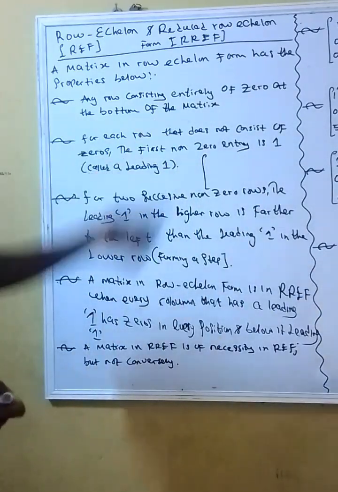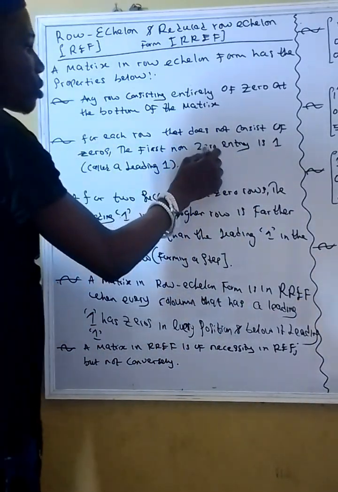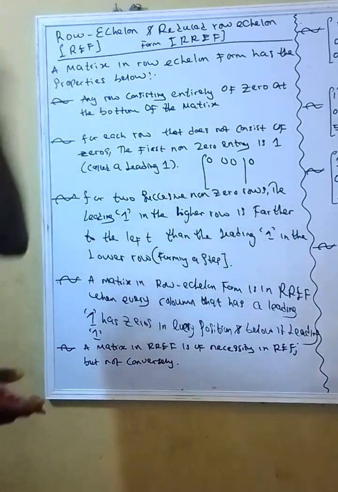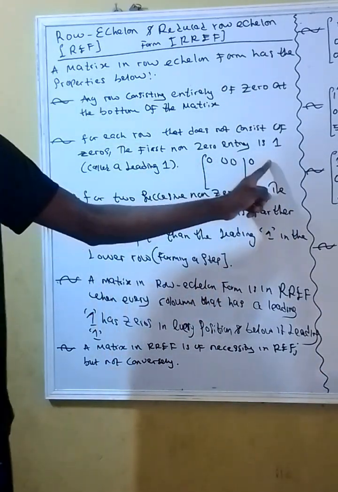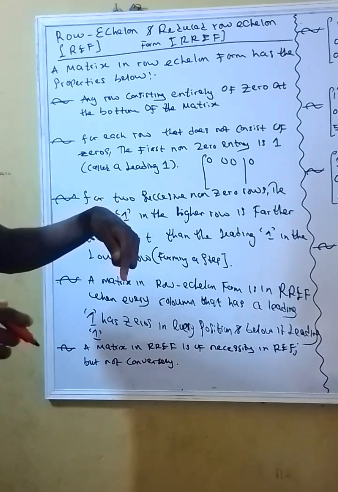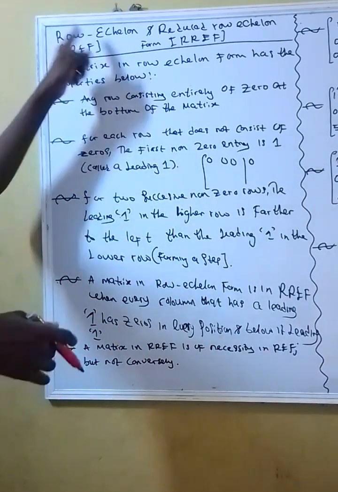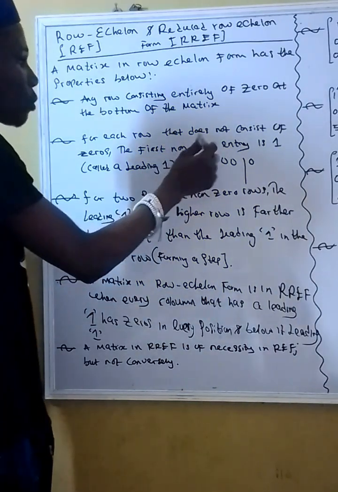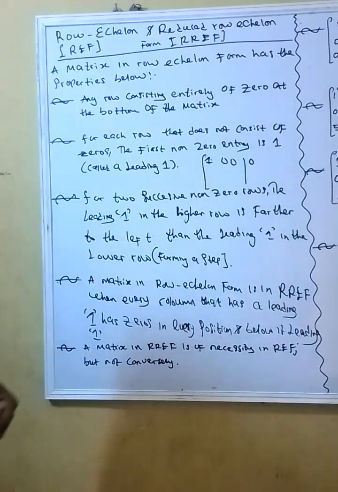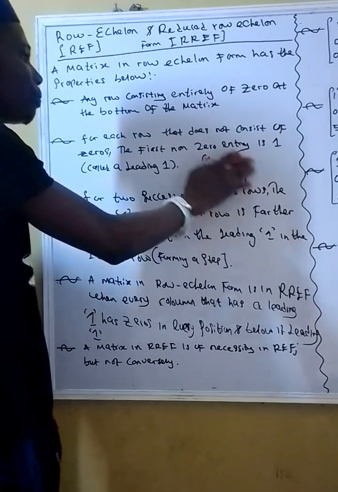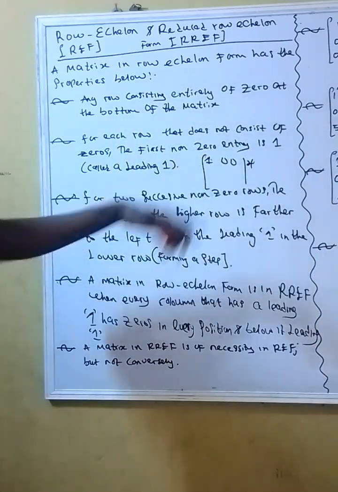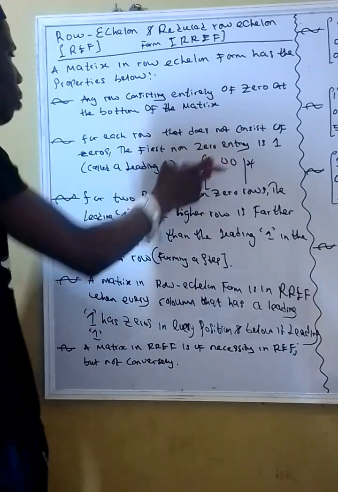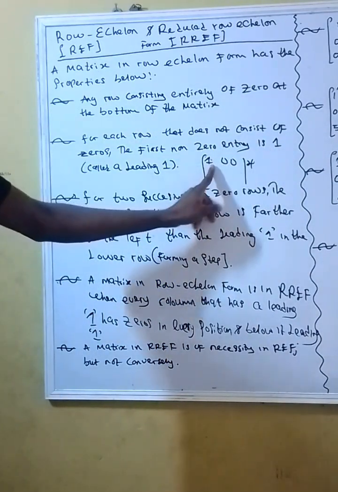If a row does not consist entirely of zeros, then the number we need here, in order to work with respect to row echelon form, must be a leading one. You can have a leading one at this particular point here. If it does not consist entirely of zeros, you can have what we call a leading one, that's a 1 at this point here.